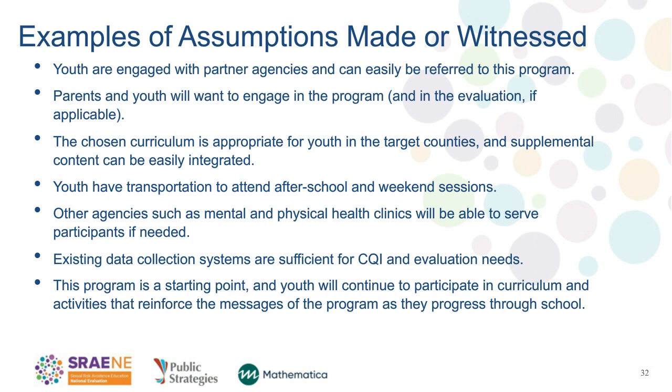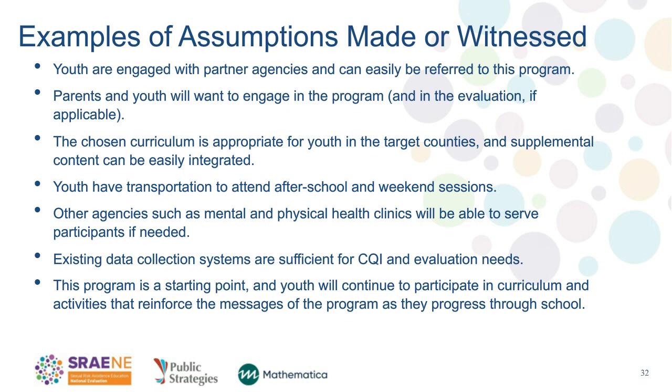So the first one: youth are engaged with partner agencies and can easily be referred to this program. I cannot tell you how many times I've worked with grantees who needed to work with partners in their community to reach the youth that they were trying to reach. And they're like, oh, it'll be fine. They're certainly going to have enough youth.